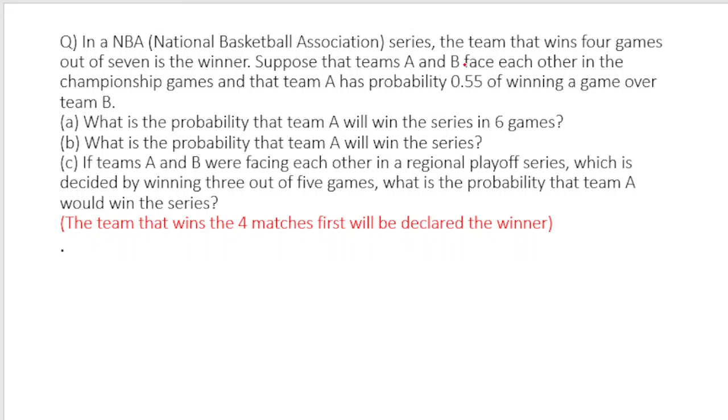Suppose that teams A and B face each other in the championship game, and team A has probability 0.55 of winning a game over team B. So it means that the p value is 0.55 and the q value is 1 minus 0.55, that is 0.45. The first question is, what is the probability that team A will win the series in 6 games?